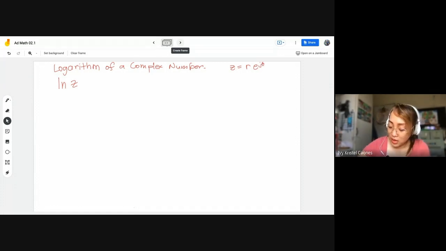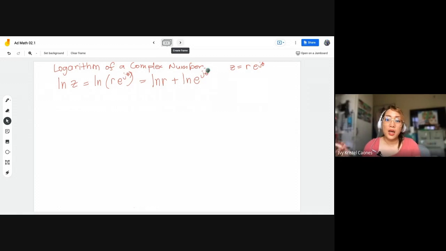Because we know that ln of r e to the j theta will also be equal to ln r plus ln e to the j theta. And as we recall, ln and e are inverse, so that means ln z will give you ln r plus j theta. But again, your theta must be in radians.